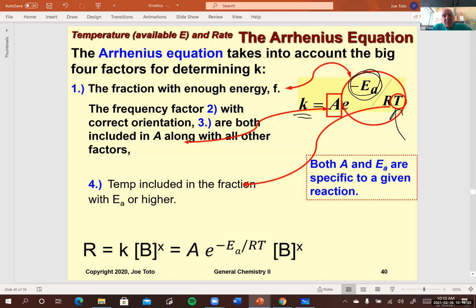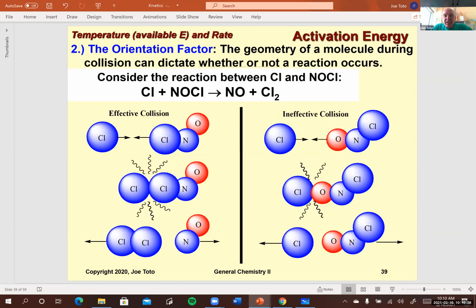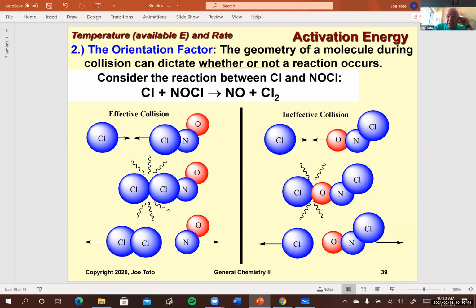Now, what are some of those important factors that go into A? We mentioned back here that the orientation factor and the number of collisions are important. We had a picture saying, if you have a head-on collision between the reactants that is favorable towards the reaction you're describing, then you can have an effective collision. But there are a lot of possible collisions that aren't going to be effective for that particular reaction.